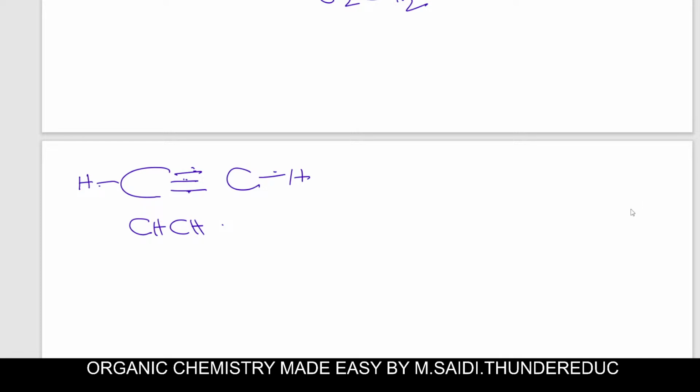Now, let's go to the naming part of it, because there is something where students miss and mess. All right. So when you are writing this, you have to know what we call the prefixes and then the suffixes.